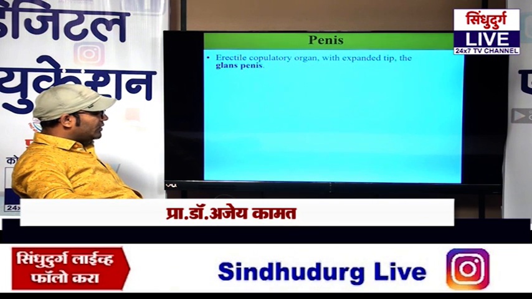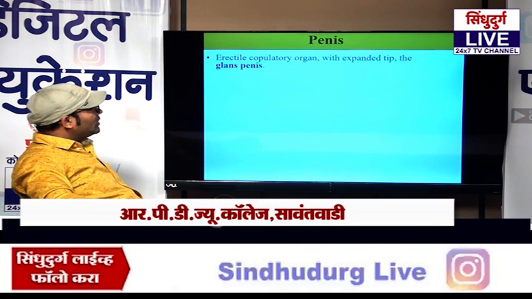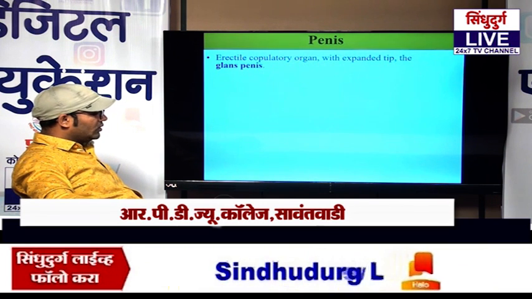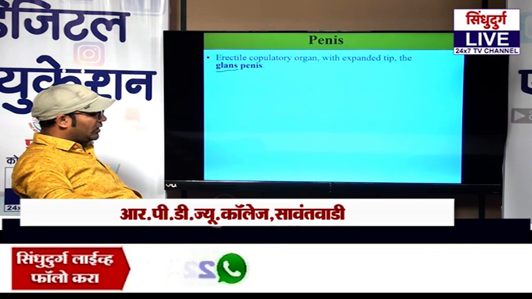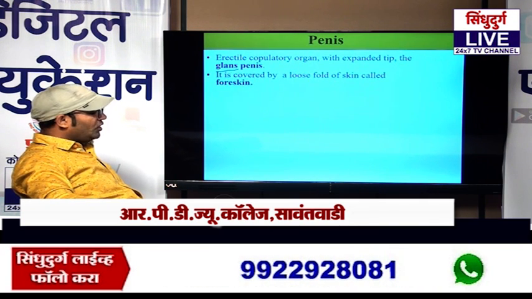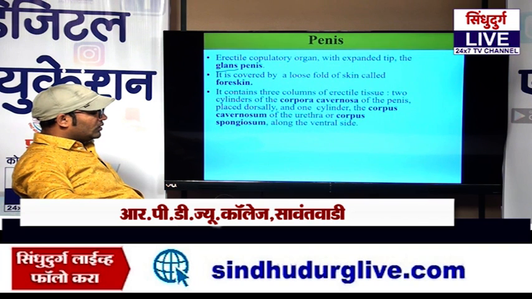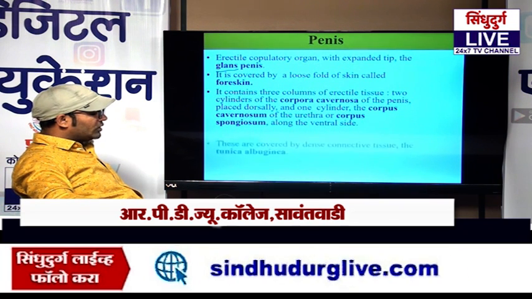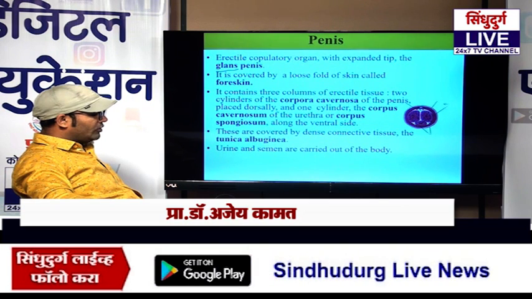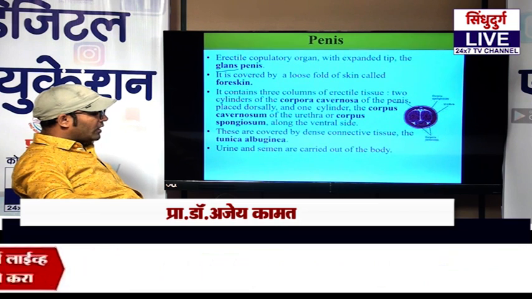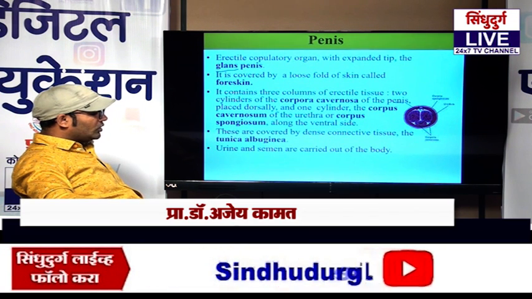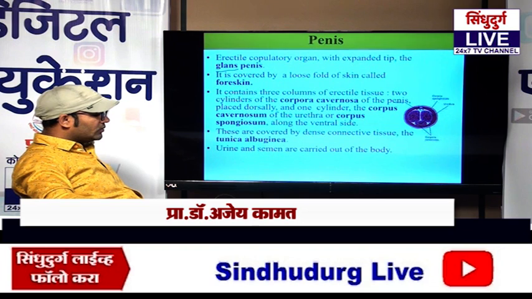Next one is the penis. The penis is an erectile copulatory organ with an expanded tip. That tip is called the glans penis. It is covered by a loose fold called the foreskin. It is made up of three types of tissue. In the diagram I will show you. Two cylinders placed side by side are the corpora cavernosa.